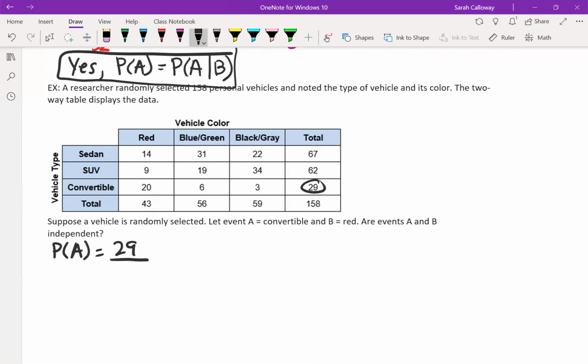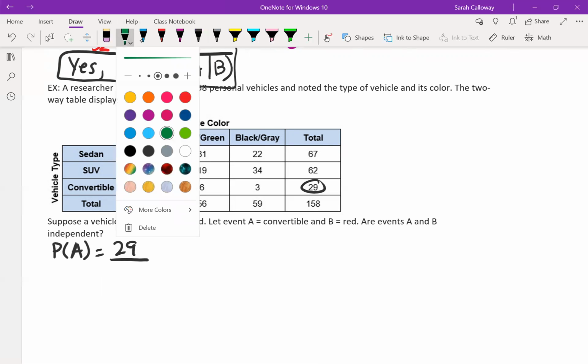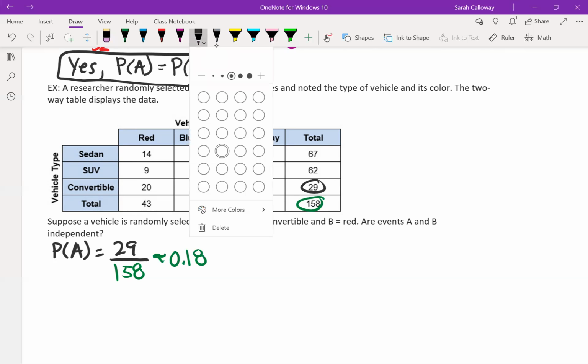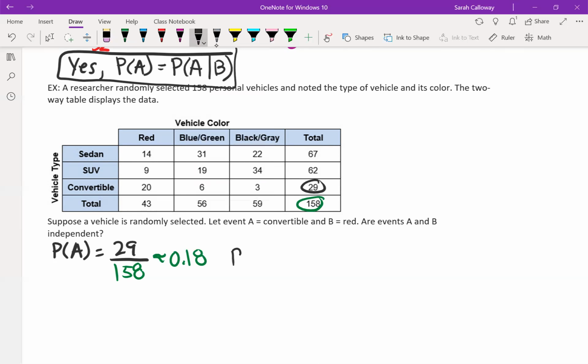29 over 158, which if I calculate that is going to give me about 0.18. And then we want to check, is that the same as the probability of A given B?